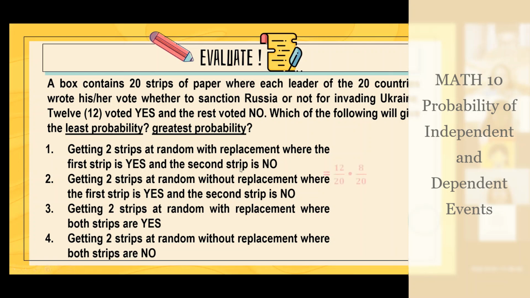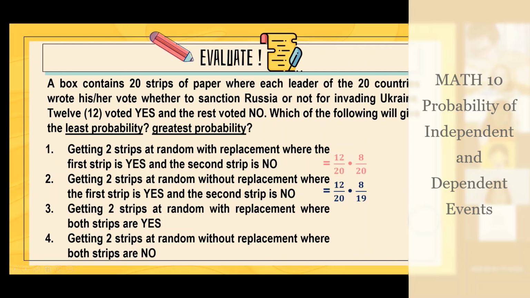Let me show you the answers. Okay. So number 1, 12 yes over 20 because there are 20 votes or 20 strips in all. There are 8 no, so 8 over 20, it's independent. No event is affected by the other. So 12 over 20 times 8 over 20. Number 2 is without replacement.